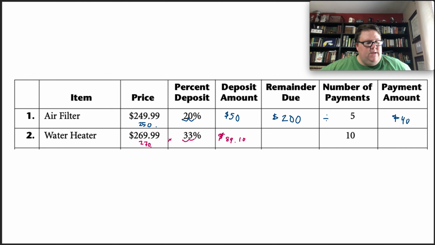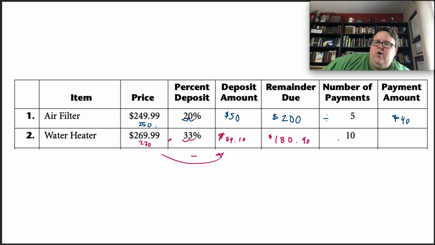So we're going to subtract to find the remainder due. Subtract 270 minus $89.10, and we get $180.90. Again, I'm going to put my dollar sign so that we don't mess up.